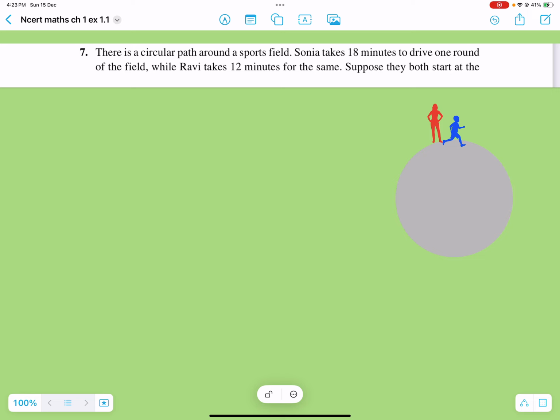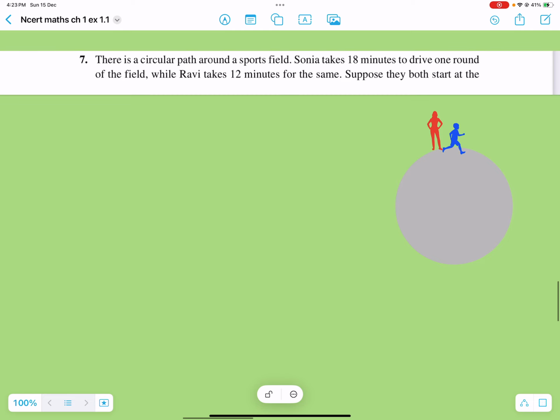So what we need to do is pick the total times that they take to complete one circle and find the LCM of those two numbers. That's it. That will be your answer. If you visualize, that will be the least common multiple. So the first meeting point would be the least common multiple of the time taken by both Ravi and Sonia to complete one circle, right?